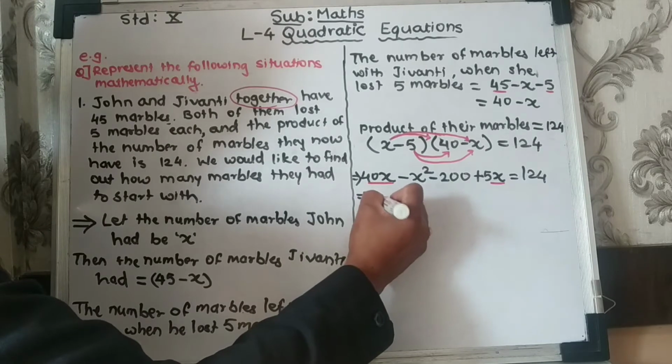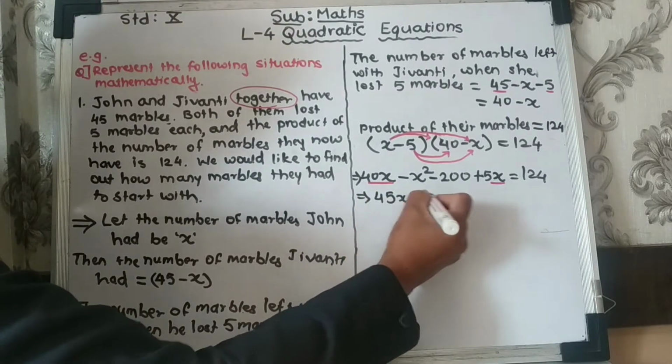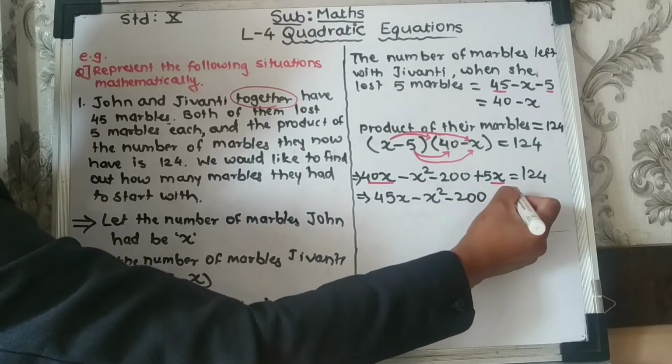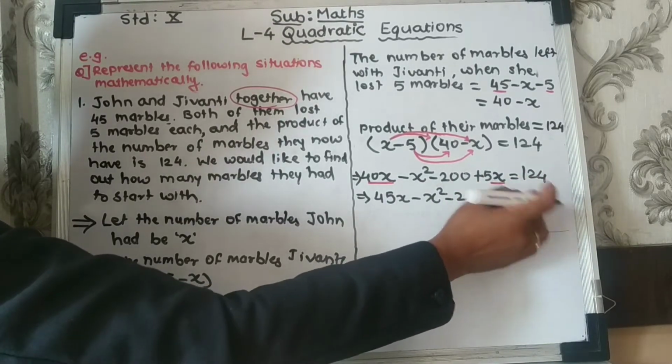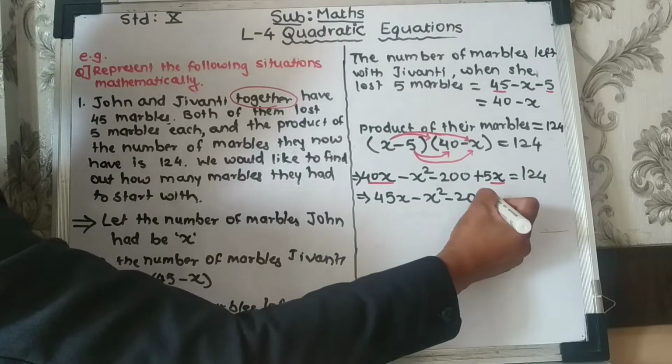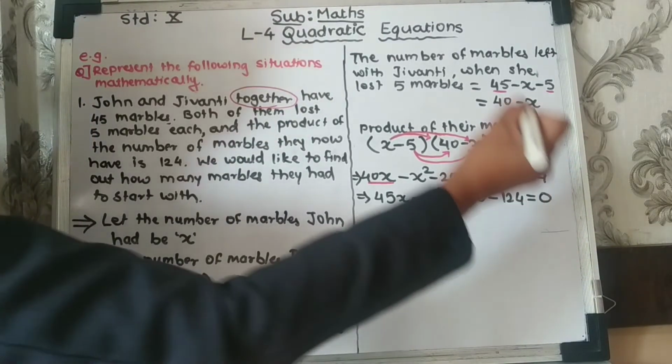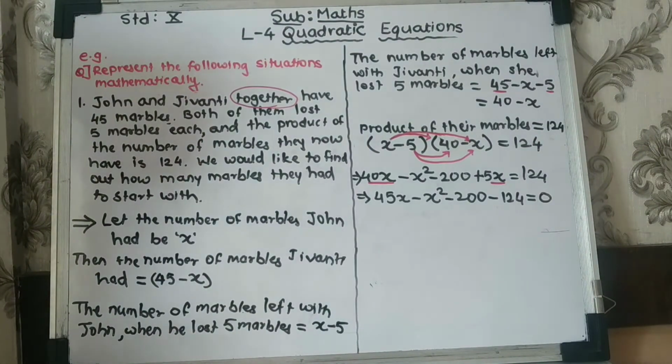So we'll have here 45x minus x square minus 200. You just shift this 124 towards the left side. So 124 minus we will do, and not a single term is remained towards the right side. That's why we have written 0. Got it?